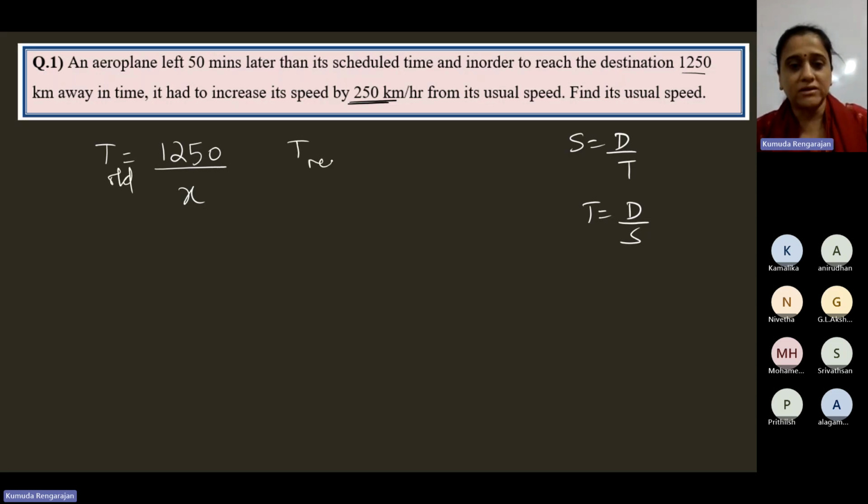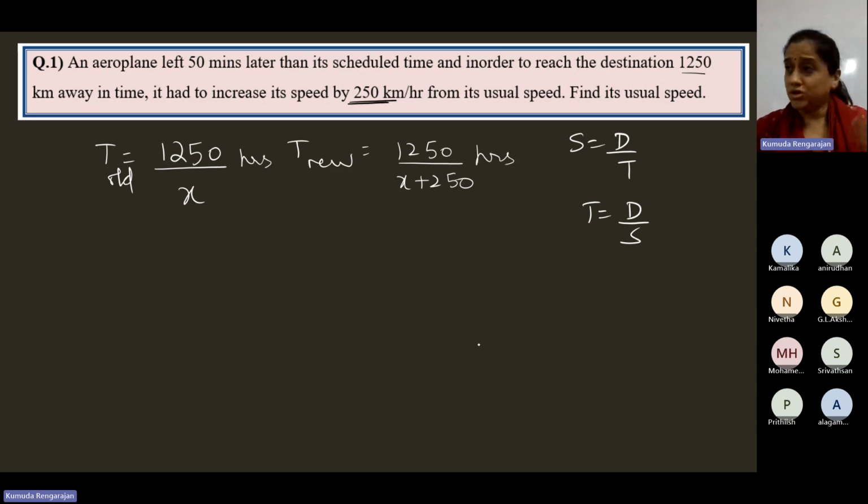Now the new time taken is the same distance by the new speed, x plus 250. Now the unit is hours. So the original time taken is 1,250 by x hours, and the new time taken is 1,250 by x plus 250 hours.